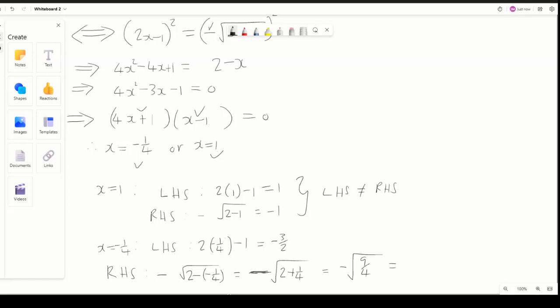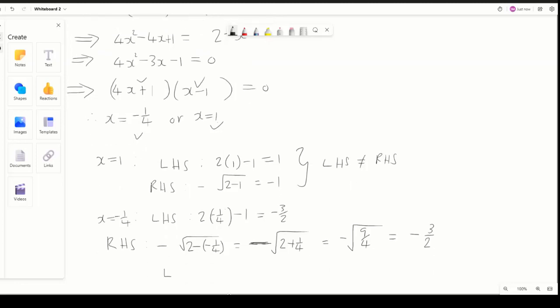And you know that the square root of 9 is 3 and the square root of 4 is 2. So clearly for this case, the left-hand side and the right-hand side are equal. So the only solution here is x equal to minus a quarter.